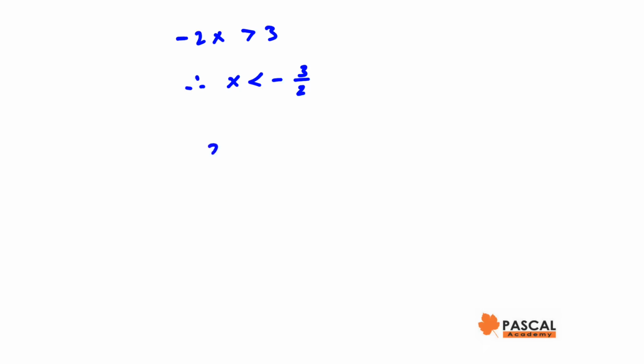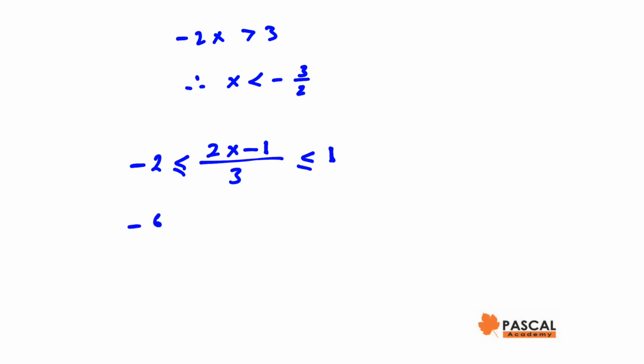Let's have another example. Let's solve 2x minus 1 over 3 smaller or equal than 1, greater or equal than negative 2. To solve this inequality, we times everything by 3.